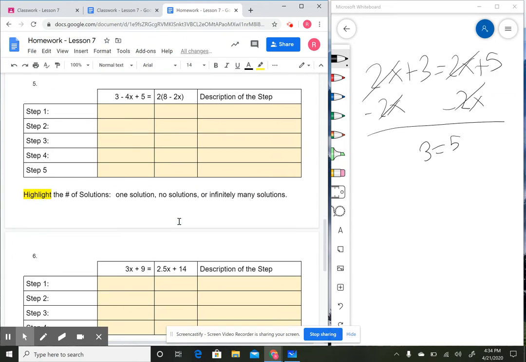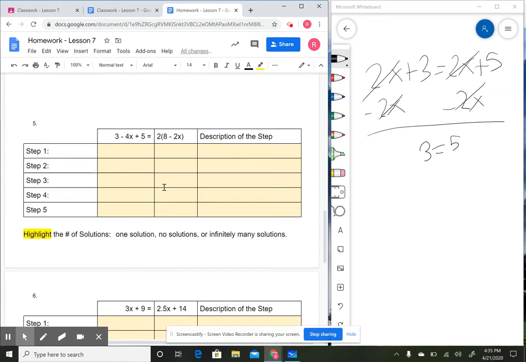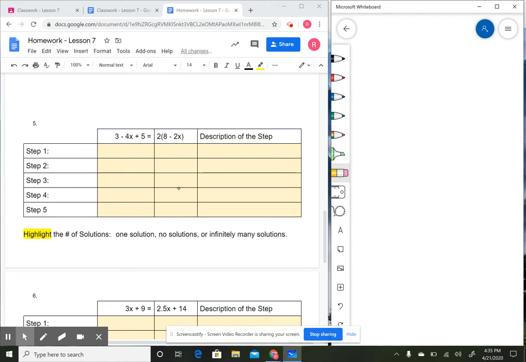Those were two easier ones. So we have a longer one here. So 3 minus 4x plus 5 is equal to 2 times 8 minus 2x. Now you can see there we have parentheses.